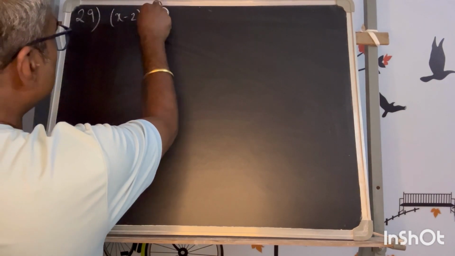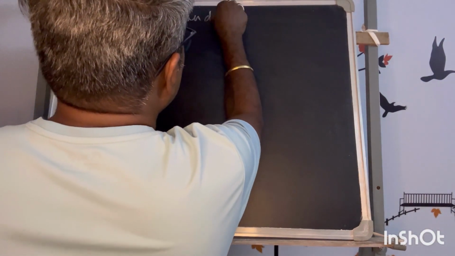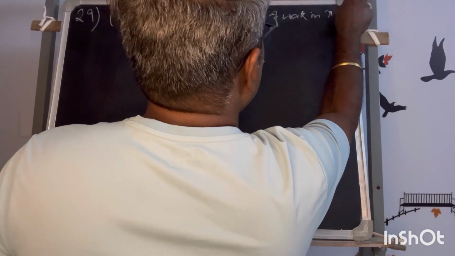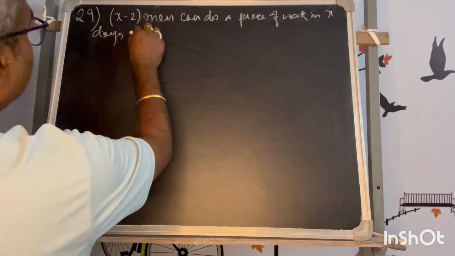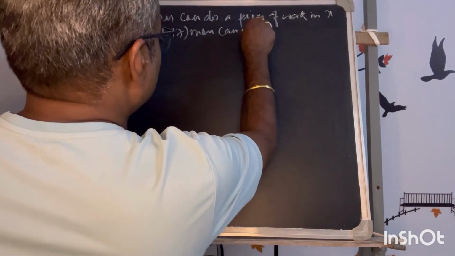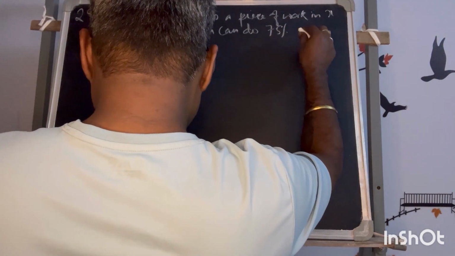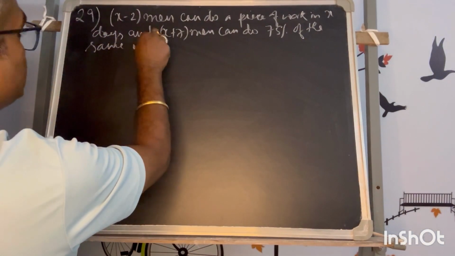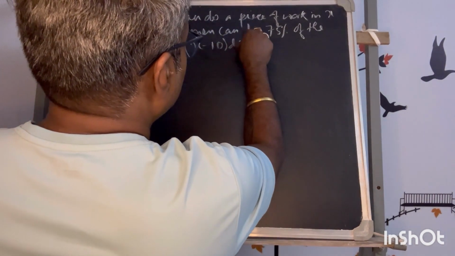X minus 2 men can do a piece of work in X days, and X plus 7 men can do 75% of the same work in X minus 10 days.